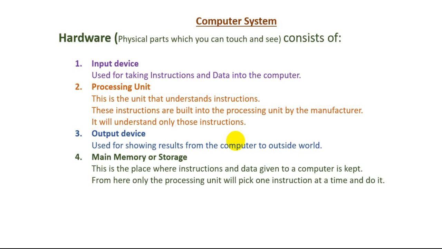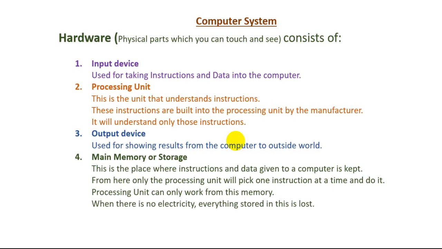And the processing unit will take them one by one and do them. The processing unit can only work from this memory. I will talk about the other memory in the next step. A processing unit has the ability only to work with the main memory. So any instruction and data given must be there in the main storage for the processing unit to take it one at a time and do it.